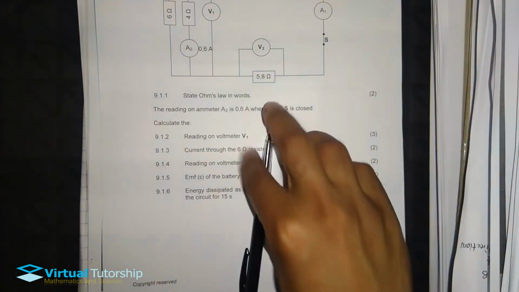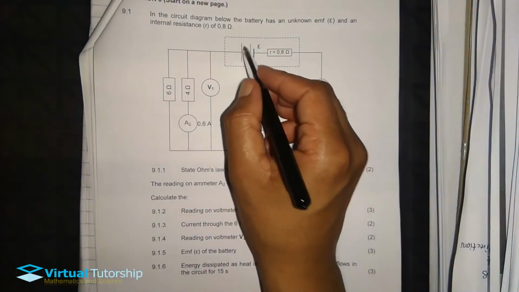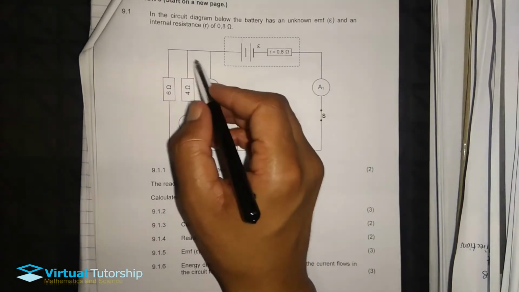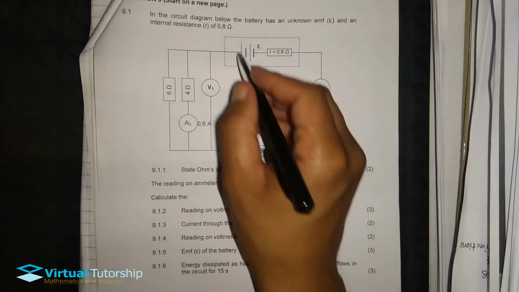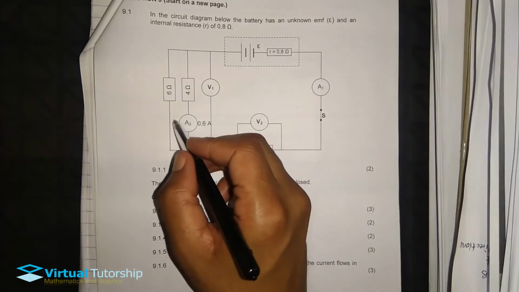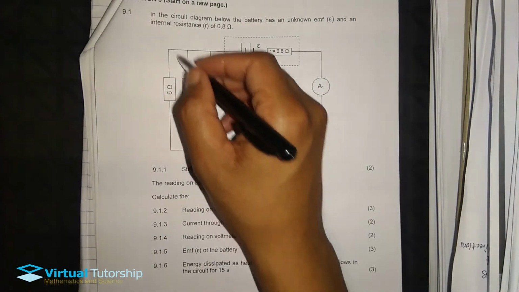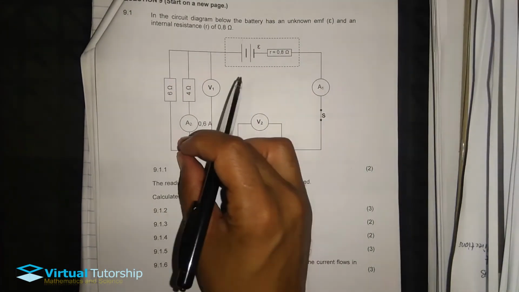So the current from the 6 and the 4 branches recombine. The conventional current moves from the positive terminal to the negative terminal, so the flow is anti-clockwise. At this node the current divides: 0.4 amperes flows one way and 0.6 flows the other way, and then at this node they recombine.